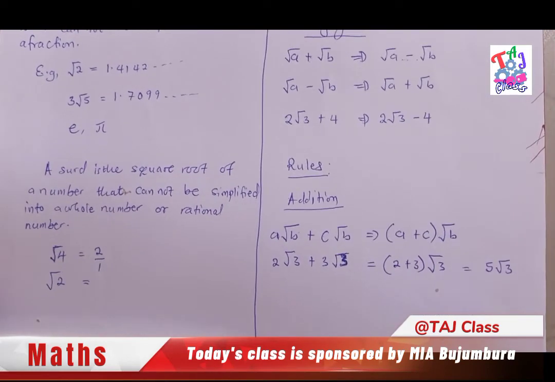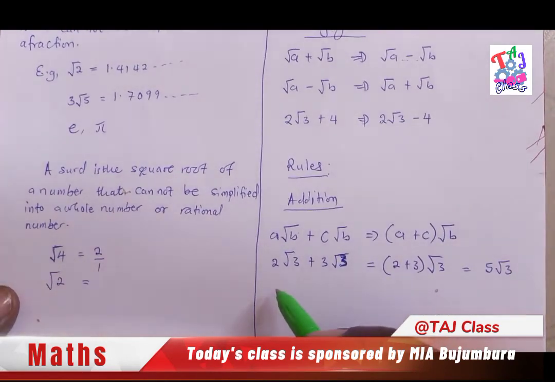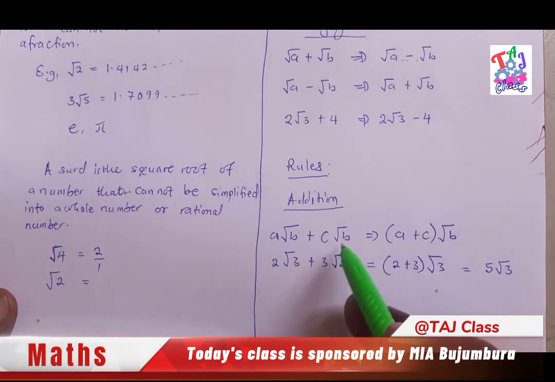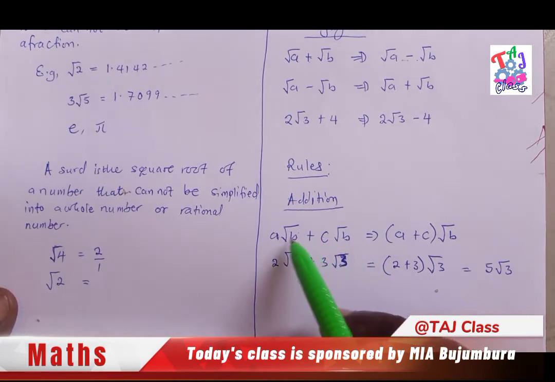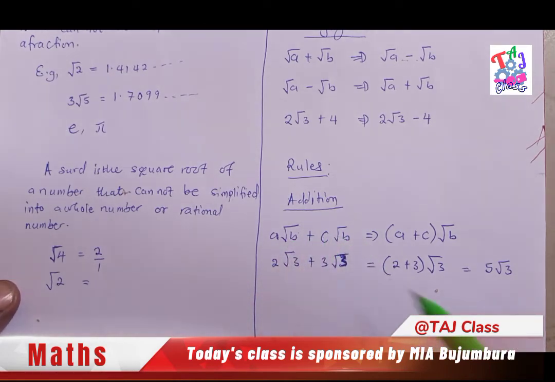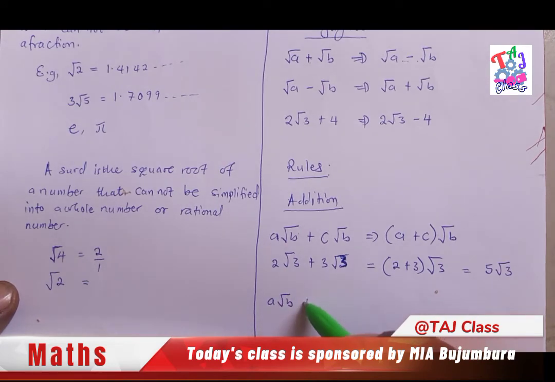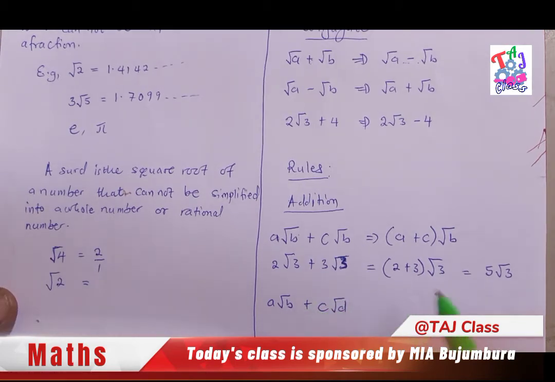And then if we have these terms under the root, if they are different, let's say we have A√B plus C√D, in this case, this term remains the way it is.